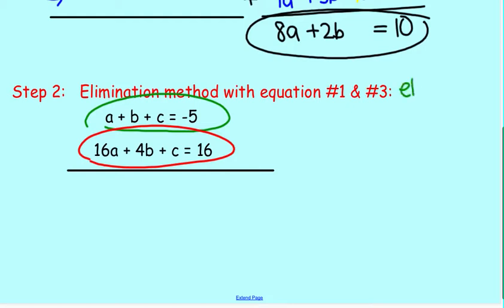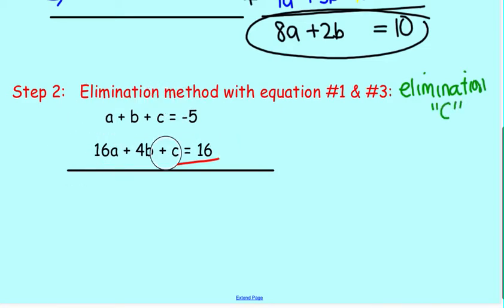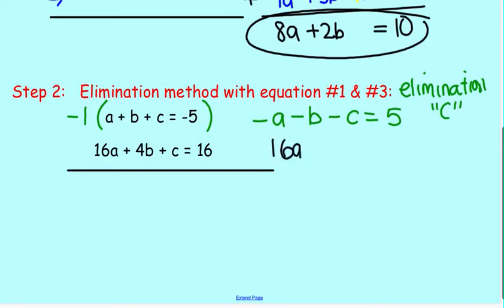So we're going to have to multiply one of the equations by a negative. I'm going to take that top equation and multiply it by -1. So we'll distribute through. Negative a, negative b, negative c, positive 5. The second equation stays as it is: 16a plus 4b plus c equals 16.